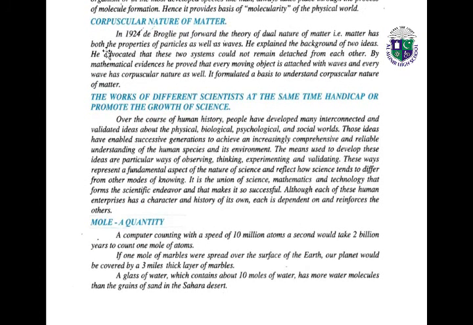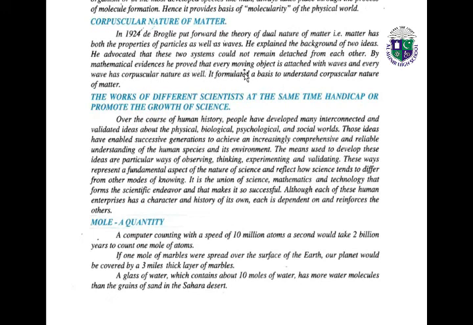Corpuscular nature of matter. In 1924, De Broglie put forward the theory of dual nature of matter. Matter has both the properties of particles as well as waves. He explained the background of two ideas. He advocated that these two systems could not remain detached from each other by mathematical evidences.